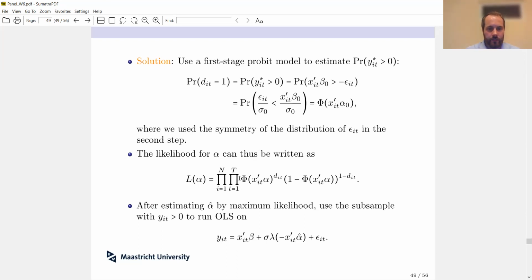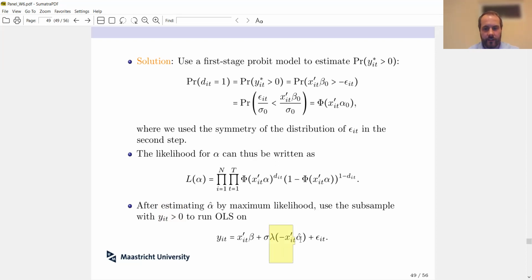And this is also the simple, usual probit likelihood, so really nothing new here. So what we would do is estimate alpha 0. This alpha hat is maximum likelihood based, of course, because we are using the probit model. And then we would only consider the data where the outcome is bigger than 0.